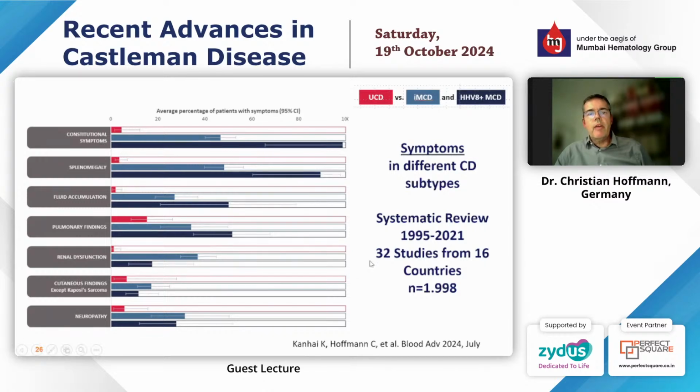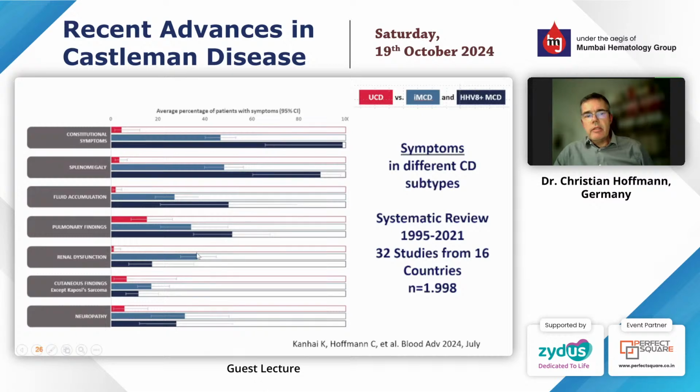And what we found is that in almost all patients suffering from HHV-8 positive MCD, you will find constitutional symptoms, and this rate is much higher than seen with IMCD, and you also have higher rates of splenomegaly, and this may be due to the underlying HIV infection.